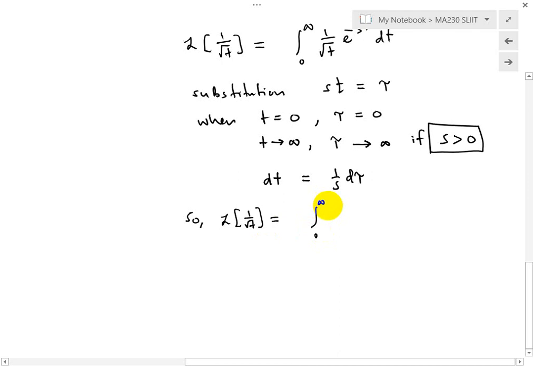So 1 over 1 over t is s over t over tau.